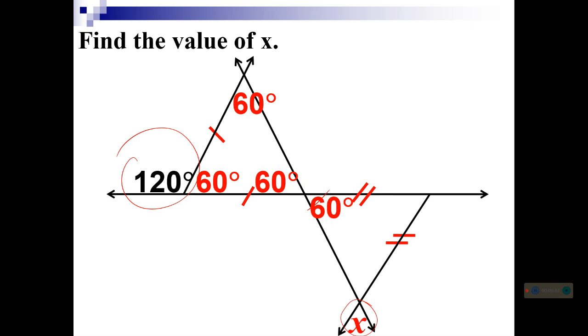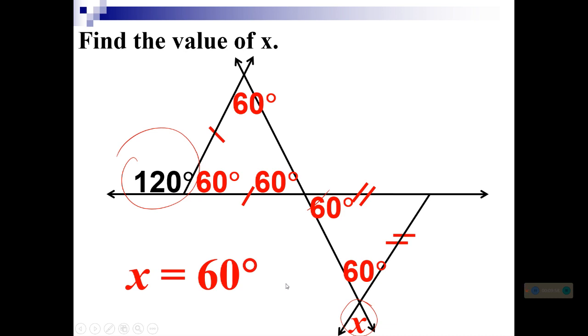Okay? So this is a base angle. So we can have here another base angle, of course. This is also 60 degrees. By applying again the concept of the vertical angle, we may say that the value of our x here is also 60 degrees. Okay?